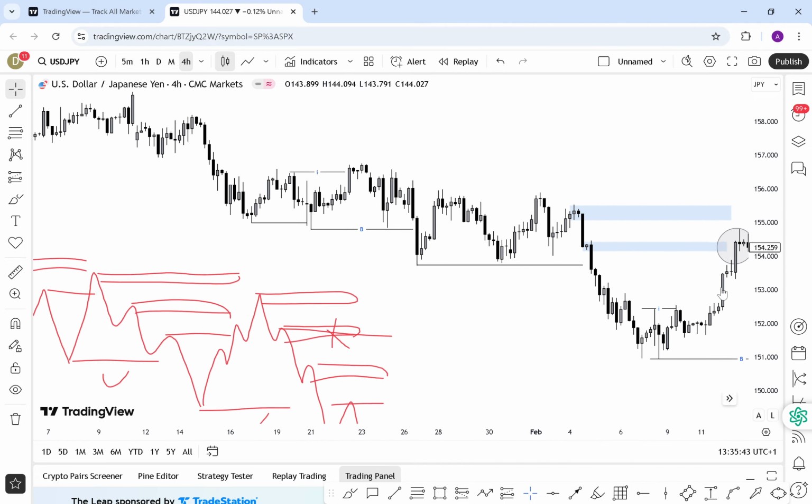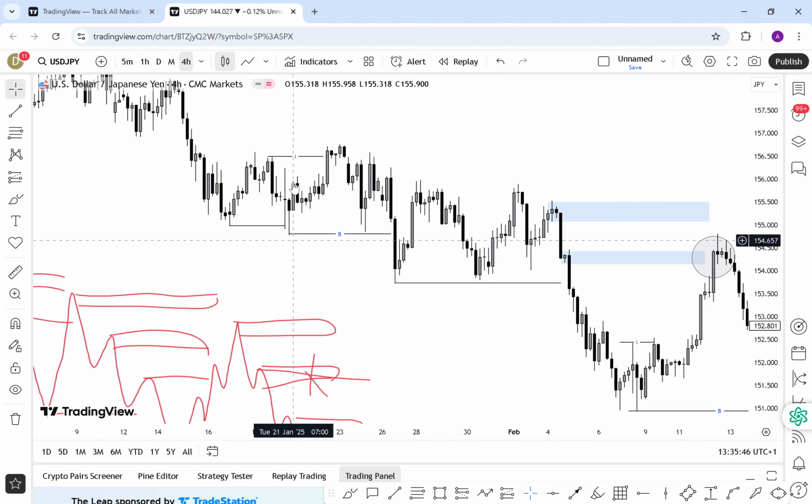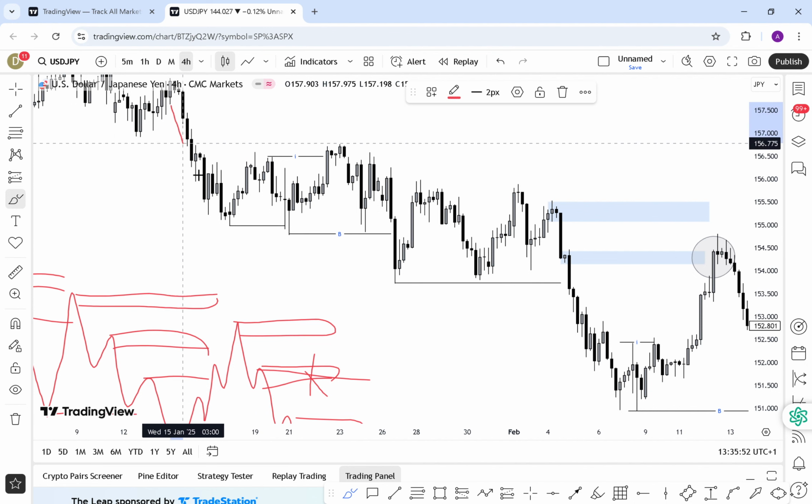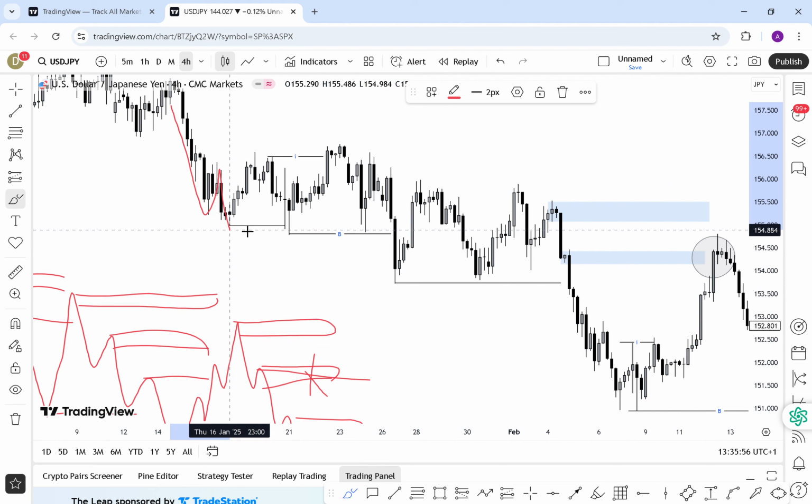Look at this. Let's say we have a swing low from here. Let's say the market is coming down. The market creates this pullback, creates this pullback, and drops like this.